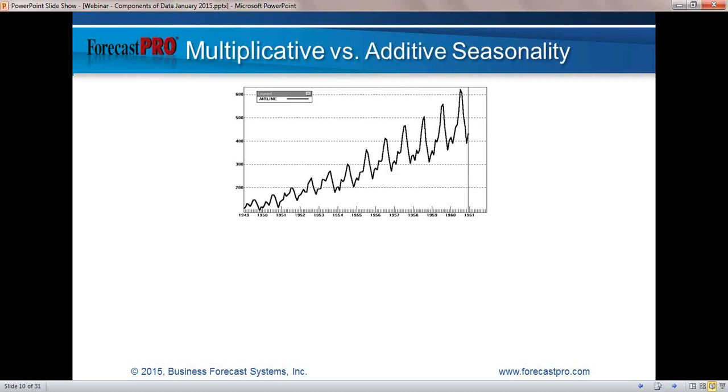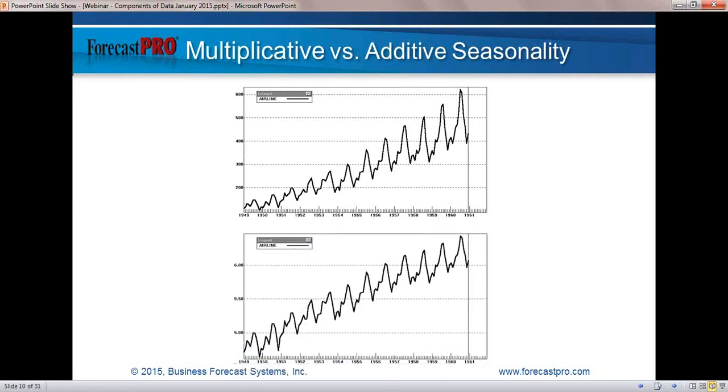The alternative, which is less common with business data, is an additive approach. This is an example here. Notice the peak to trough, even though the data is growing, is constant. It's always about the same whether we're at the beginning or the end of the data set. So here, instead of multiplying by indices, we might just add.